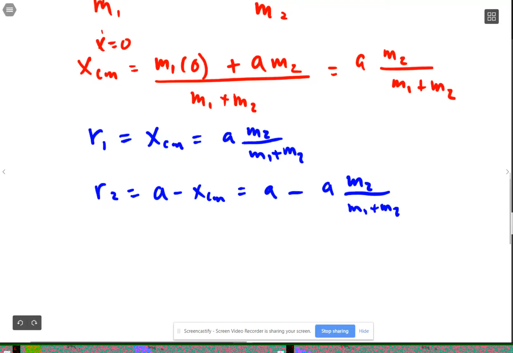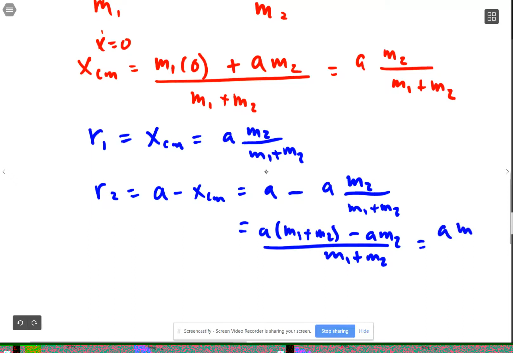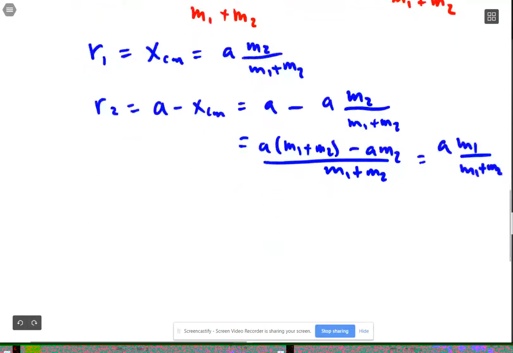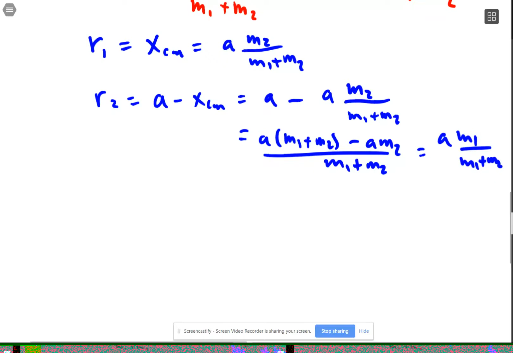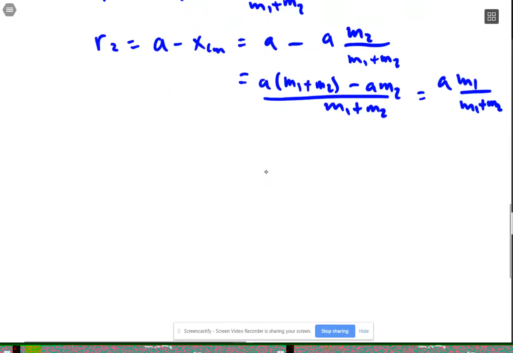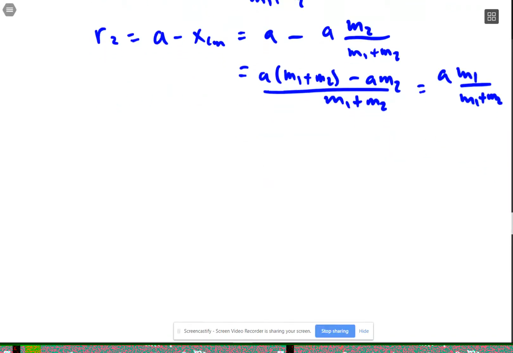Giving ourselves a common denominator, that's equal to a times (m1 plus m2) minus a m2, all over m1 plus m2, or a m1 over m1 plus m2. So now I have the two radii, and I have my orbiting about that.